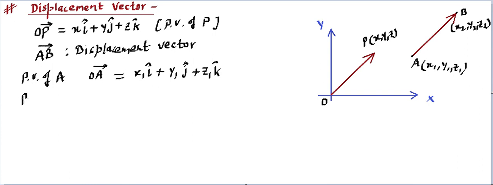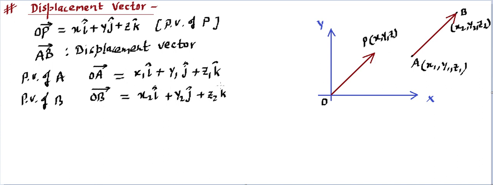Now similarly, we can also write the position vector of point B, because we know the coordinates of point B. So this will be known as the OB vector, and this OB vector will become x2 i cap plus y2 j cap plus z2 k cap.